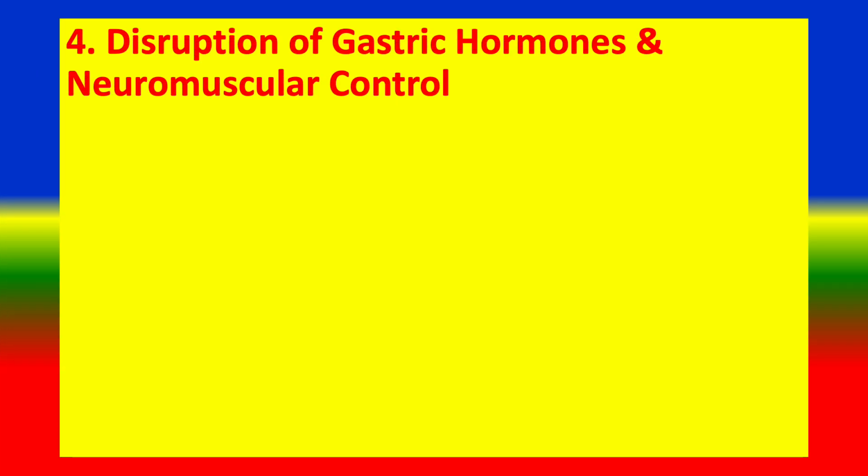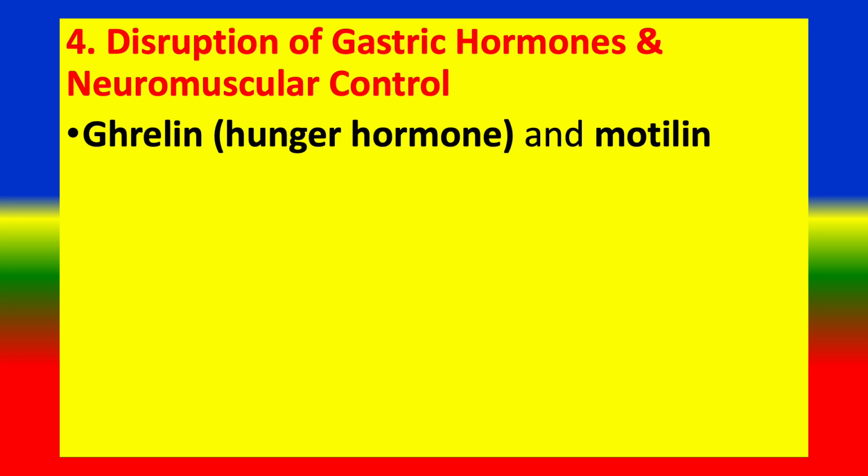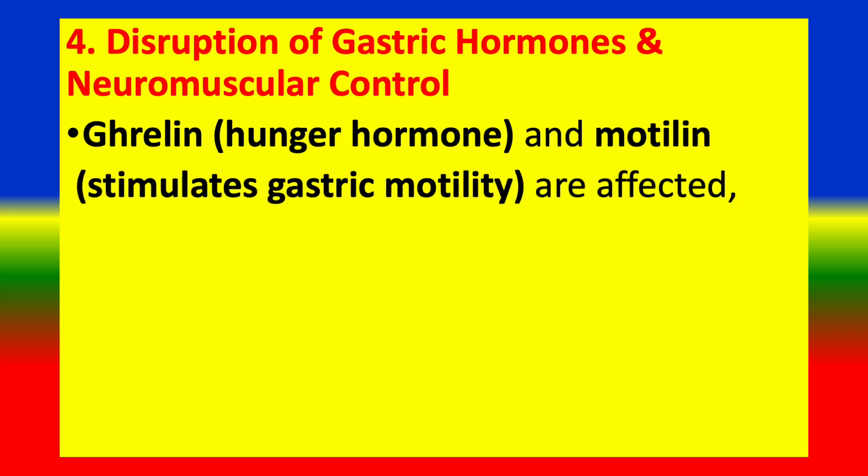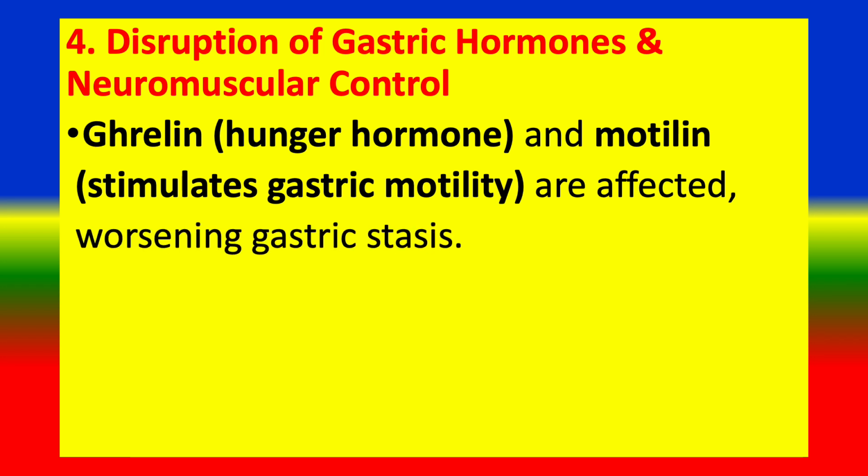4. Disruption of gastric hormones and neuromuscular control. Ghrelin, the hunger hormone, and motilin, which stimulates gastric motility, are affected, worsening gastric stasis.